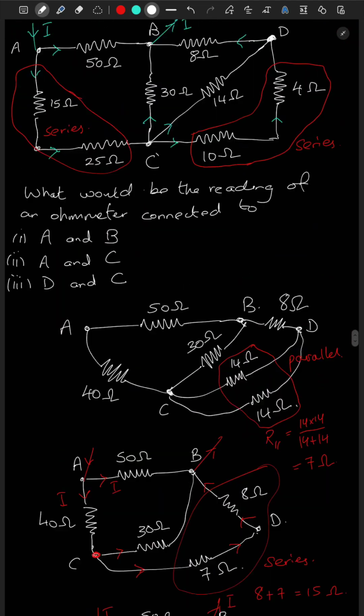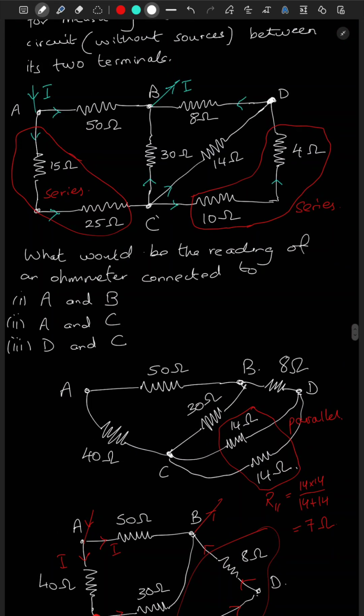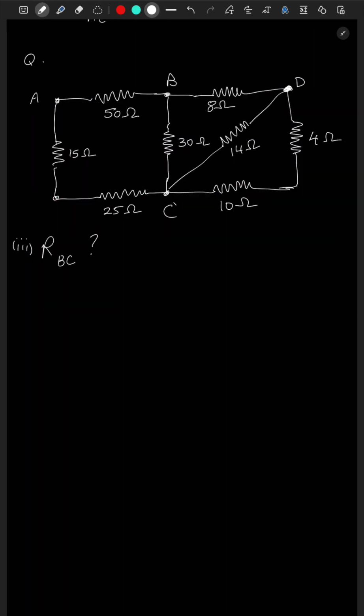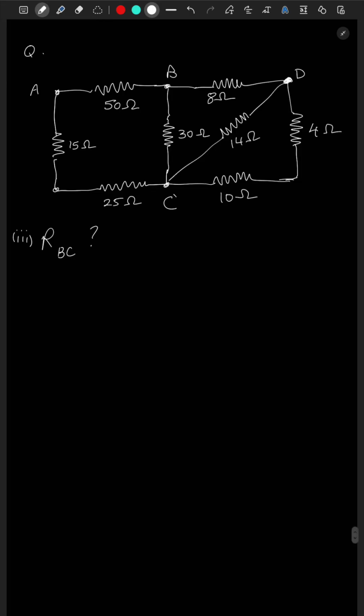So now let's try the last example. We have to find resistance between B and C. So we assume a current enters at B and leaves at C. Again, the path that the current will take, so when it enters the node at B, it would have to take three different paths.